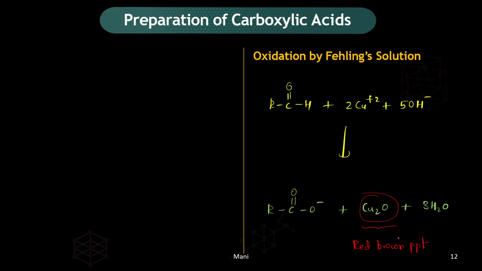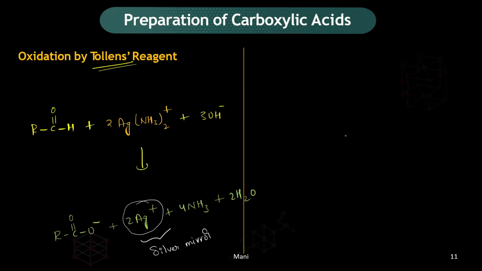And the carboxylate ion and the water molecule. So aldehydes will react with the copper ion and the hydroxyl ion, forming the red brown precipitate. That's Fehling solution. Remember this. So there will be a red brown precipitate, and here it will be a silver mirror.